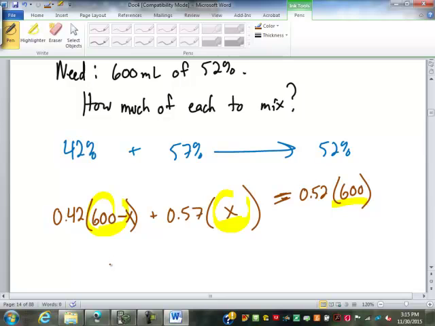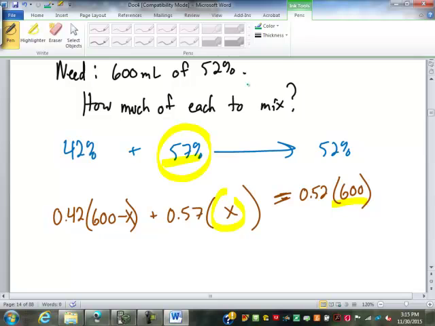600 minus X. It's just like if I give you $10 and you're going to buy two items for $10. Once you find out the first one is $2, the second one has to be 8. It's 10 minus 2. Does it matter which one you do that? You could put the X here and 600 minus X over here. You just have to remember which one is X. Here we have to remember that X defines the amount of the 57%.